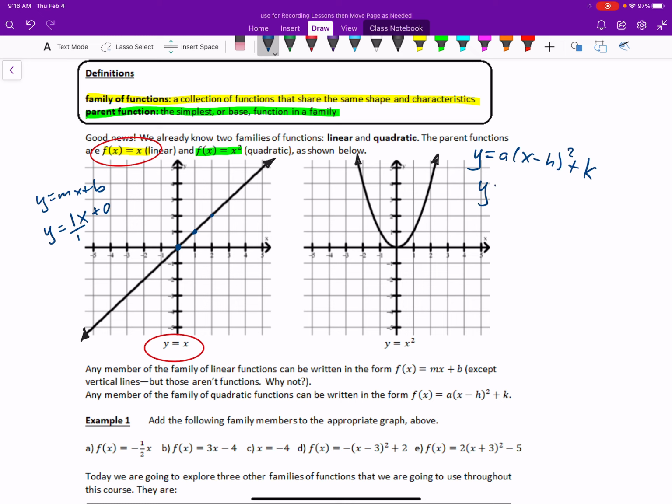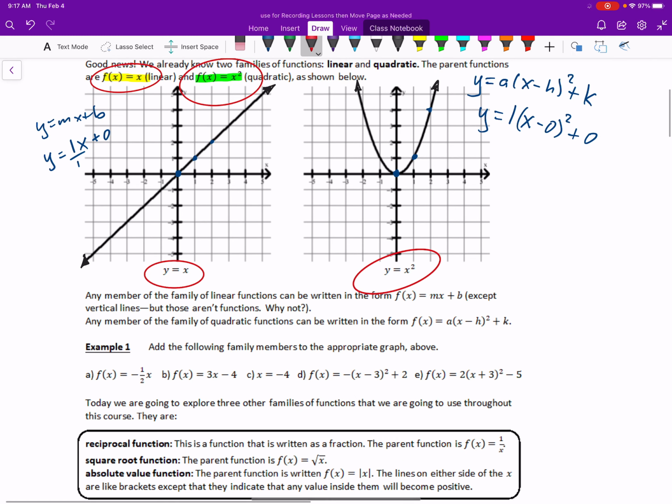If we have y equals x squared and fill in the different parts, there's no number in front, so a is 1, h is 0, and k is 0. So we'd get our vertex at (0, 0). It would open upwards, with the normal step pattern: over 1, up 1, over 1, up 3, and so on. That's what our most basic quadratic looks like.